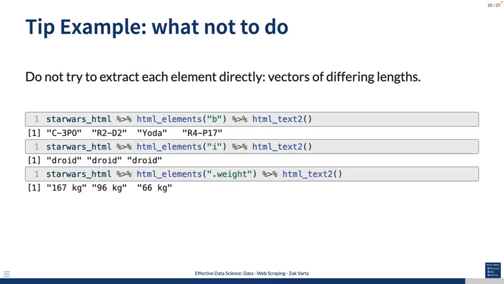If we try and extract each element directly, then our vectors of variable values are going to be of different lengths. Since we don't know exactly where those missing values should be fitted back in within those vectors, we can't replace them and make a tibble from this data. We can't combine vectors of different lengths.